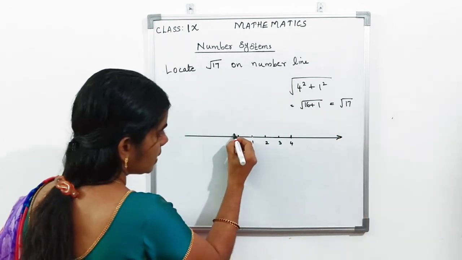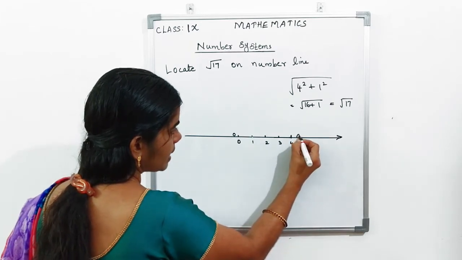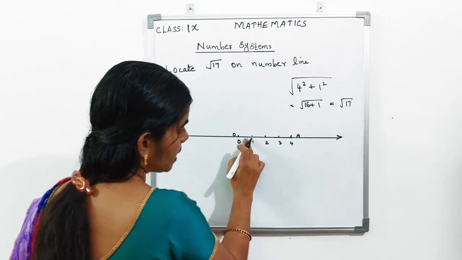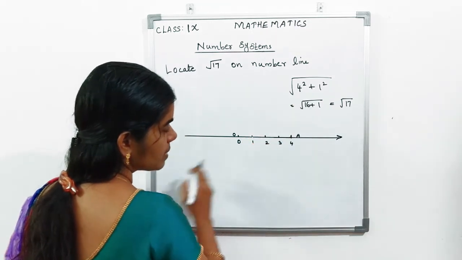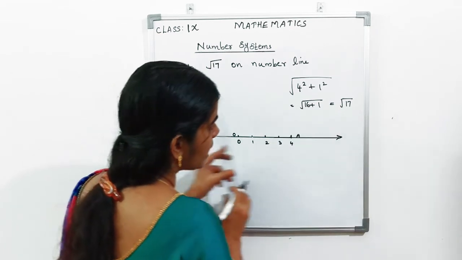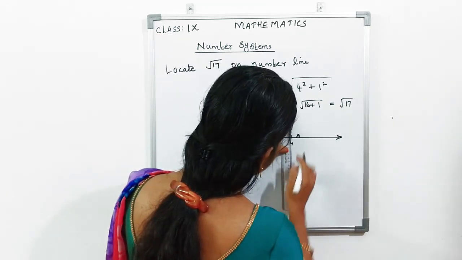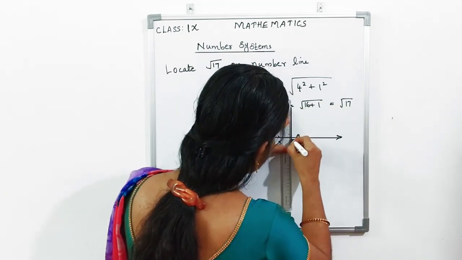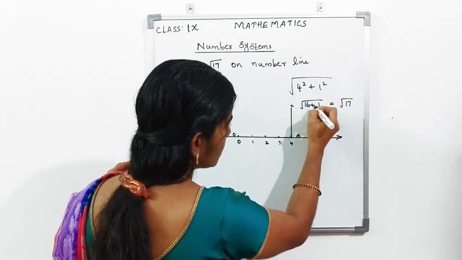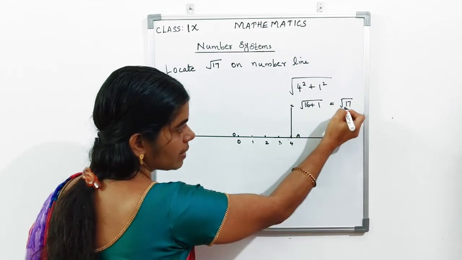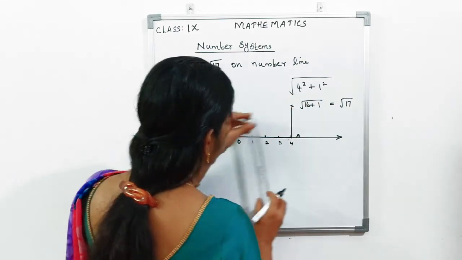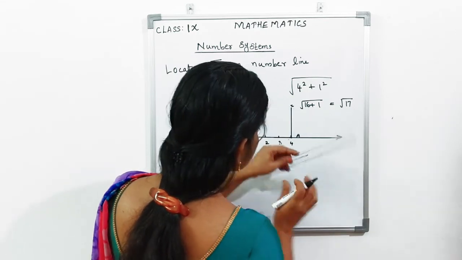Then I am marking here O. Thus I am taking A, OA. Thus I told base 4. Then you got 1, 2, 3, 4. Then you want to keep the protractor here, and draw a sharp 90 degree here. And here how many units do you want to take? Because 16 plus 1 you are getting 17. 4 units I have taken here. Here you want to take 1 unit.